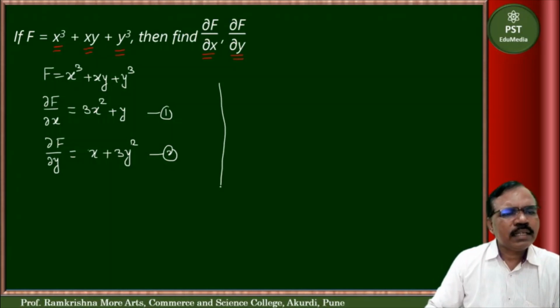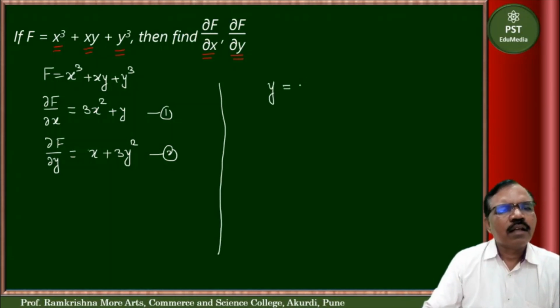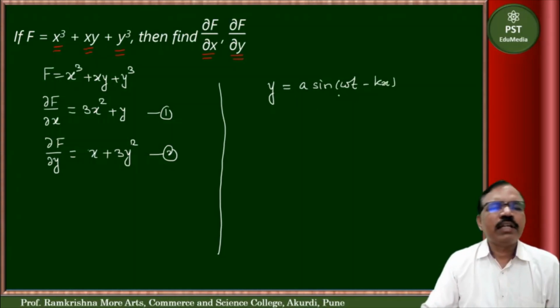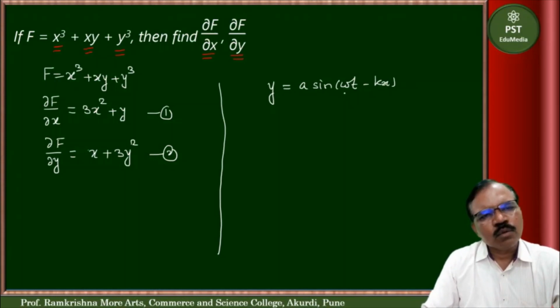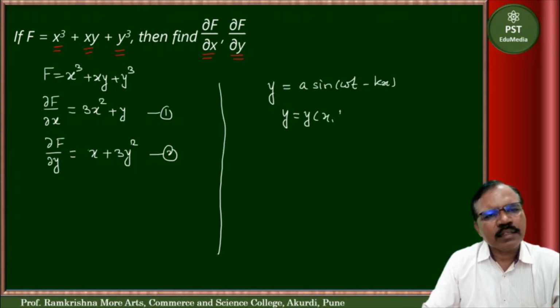You can take, suppose we write here y equals A sin omega t minus kx. This is actually the equation for wave motion. So omega is angular frequency, k is propagation constant. So y is a function of x and t. So you can take dabba y by dabba x.